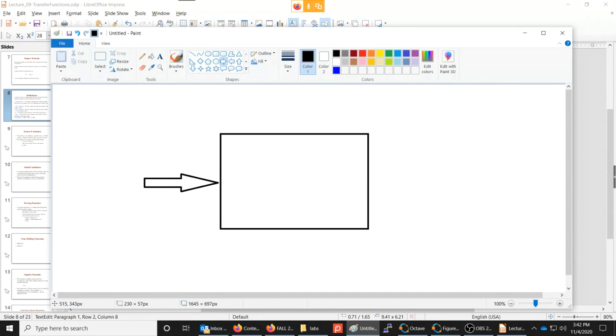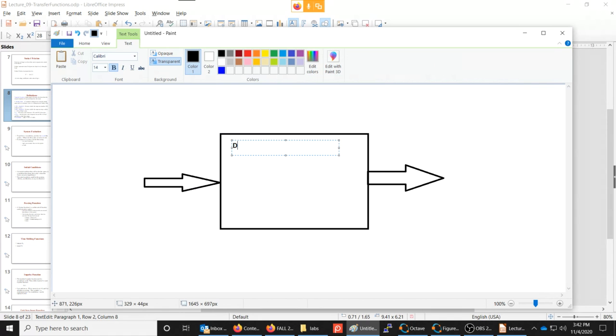And so we're going to apply some input to this system and look at or measure or simulate the output. Okay, so inside here is this dynamic system.